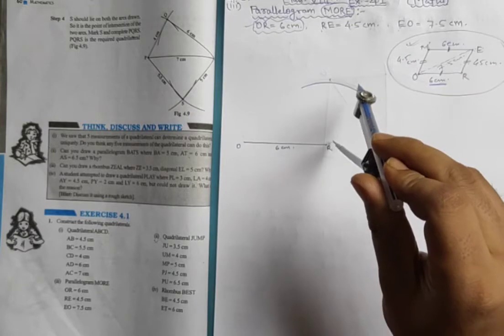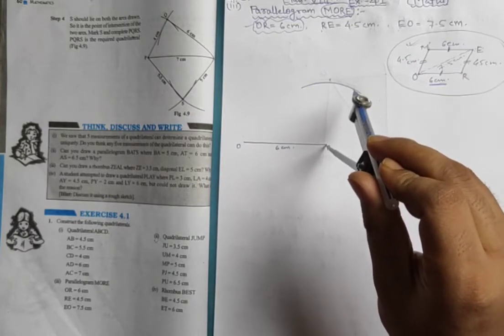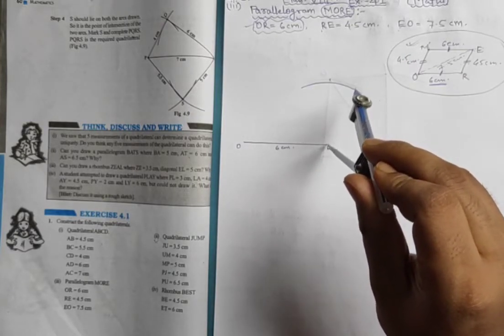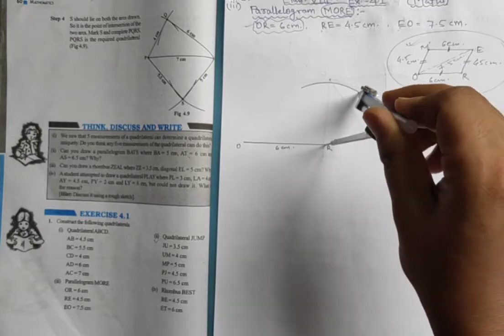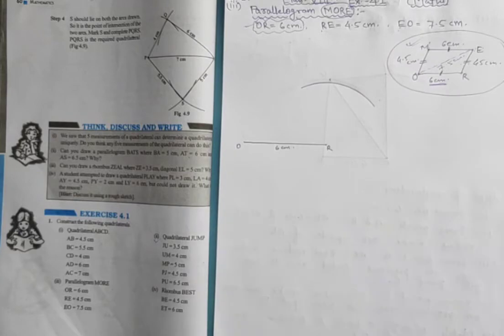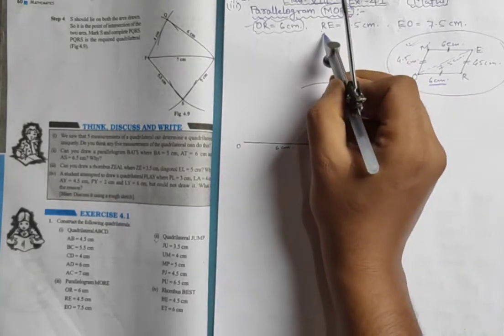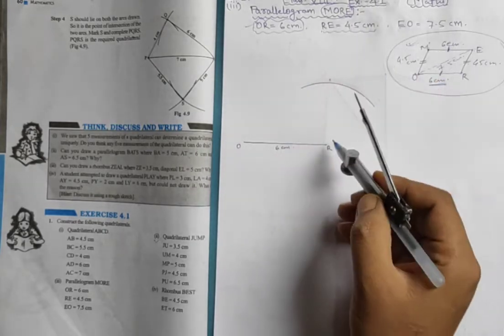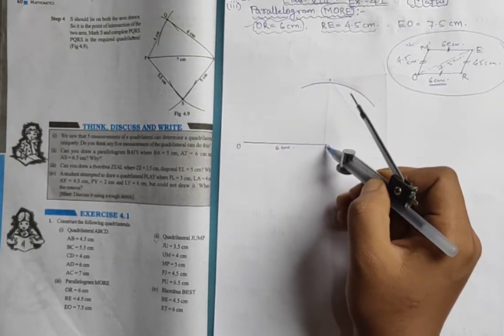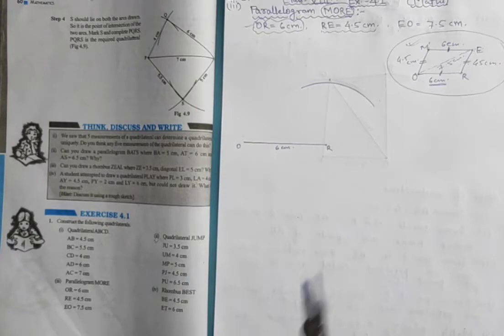Now I am taking a little bit longer arc because we can't say where the point E will be. So now RE equal to 4.5 centimeter, which is given. So I cut an arc from R of 4.5 centimeter.